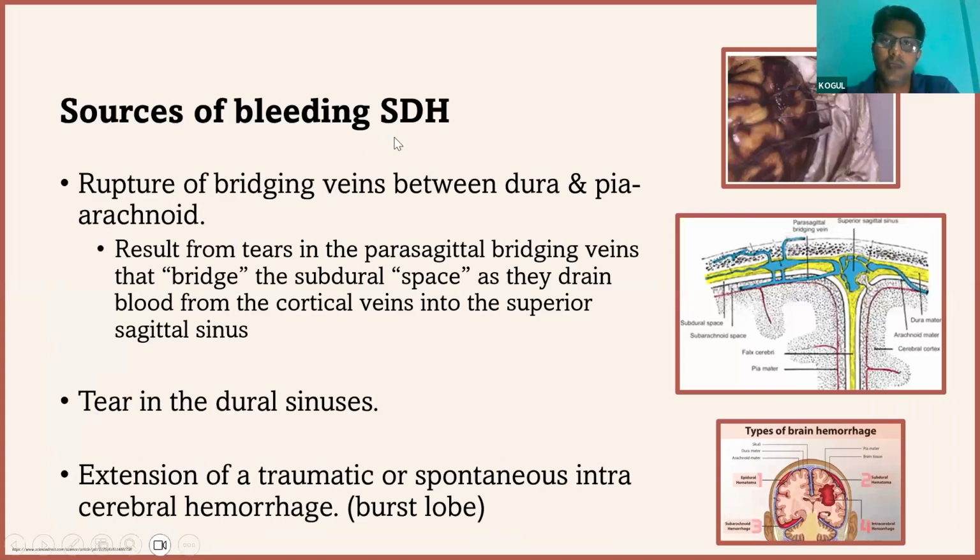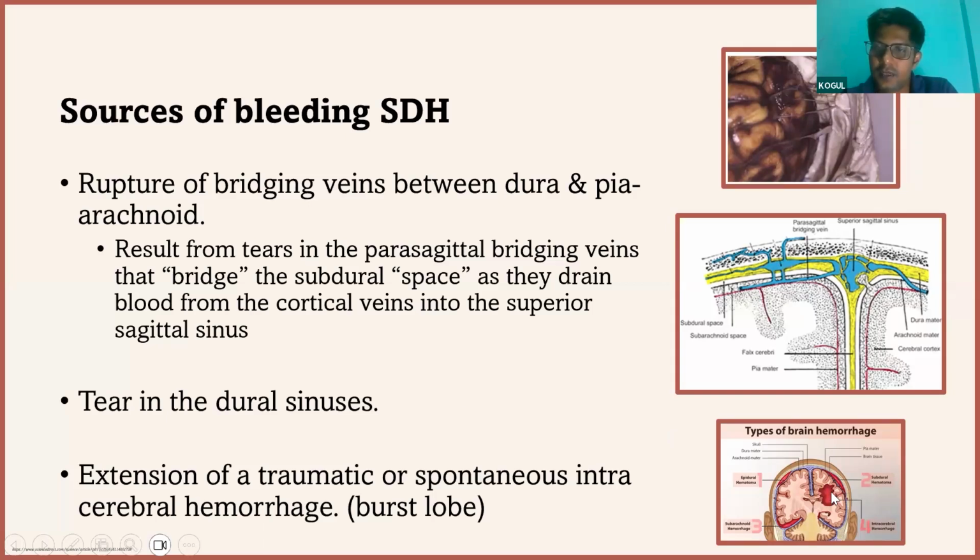Then the source of bleeding of SDH, as I said, is the bridging vessels that come out from the brain surface, pass through the subarachnoid space and enter the subdural space. So these are the bridging vessels you can see here. When they are damaged, you will get subdural hemorrhage. Then a tear of the inner aspect of the dura will also collect blood in the subdural space. Then extension from an intracerebral hemorrhage is also possible.